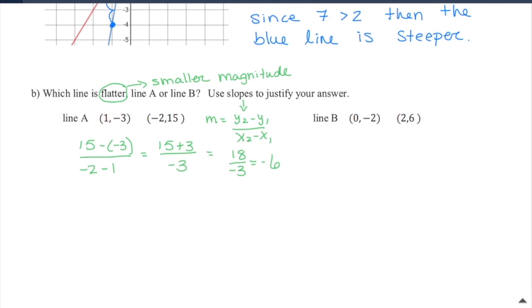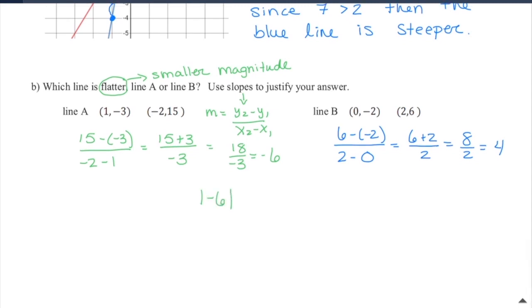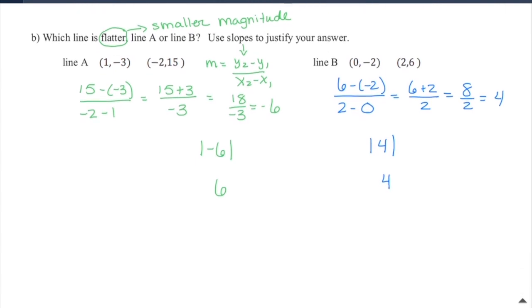The slope of line B: 6 minus negative 2 over 2 minus 0. 6 plus 2 over 2. 8 over 2. Positive 4. Again, I need to ignore a positive or negative, so that's where the absolute value comes in. I need to take the absolute value of each slope and then compare. Absolute value of negative 6 is positive 6. Absolute value of positive 4 is positive 4.